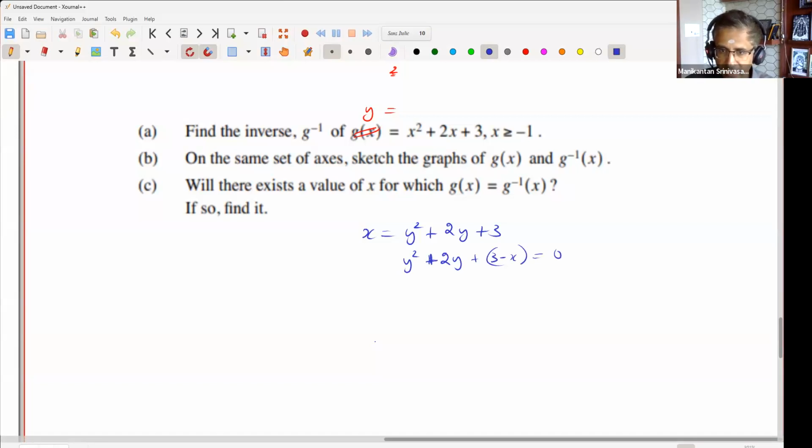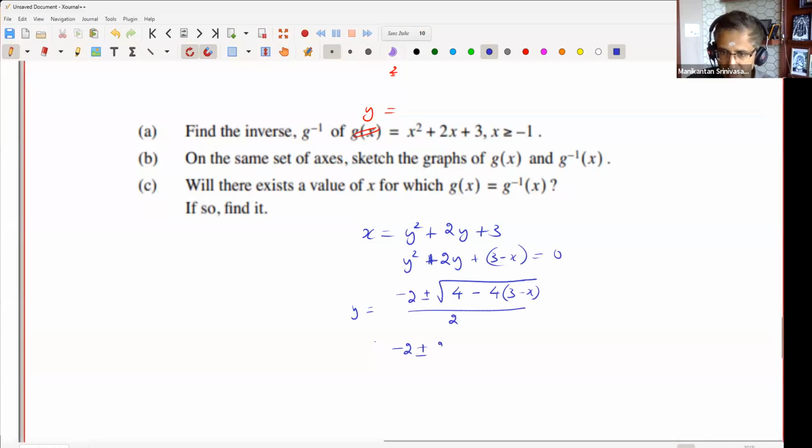So how do you solve this quadratic? We'll just say minus b. So y equal to minus b plus or minus root of b square minus 4ac whole upon 2a. So let's simplify this. Minus 2 plus or minus, I can take 2 outside here. 4 can come out as 2.